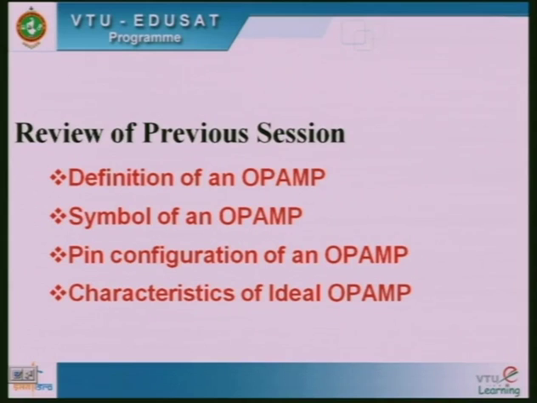There are 3-4 types of operational amplifier ICs, out of which the µA741 op-amp IC is the most commonly used and most commercially used operational amplifier. It is an 8-pin IC. All the pin details we discussed in the last class. Then we just touched upon the ideal characteristics of an op-amp.